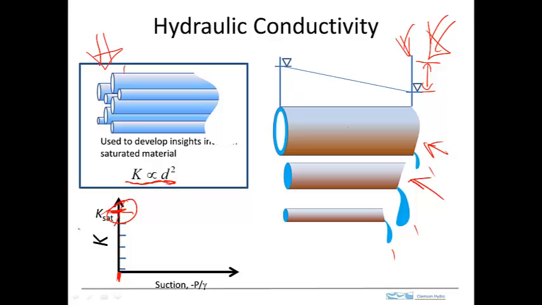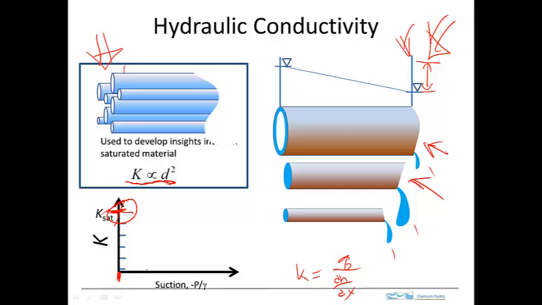Now we've pulled some suction, we've drained the largest pore, and we have a lower flow rate. Remember, the hydraulic conductivity will be the flux divided by the head gradient. In our experiment, we're keeping the head gradient the same, so as the flux changes, the hydraulic conductivity must be changing. We've pulled suction, and now we've got a lower hydraulic conductivity.